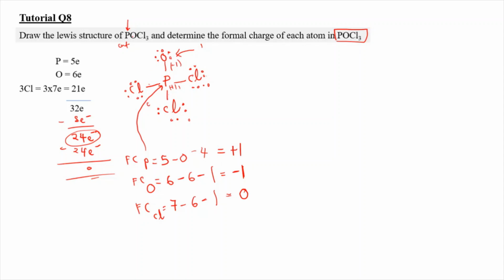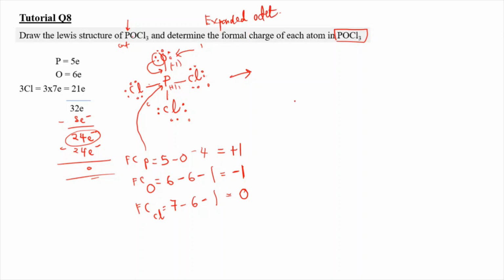So this is not the most plausible structure yet, because what you can do is bring the lone pair here into here in order to make a double bond, because phosphorus can form an expanded octet.